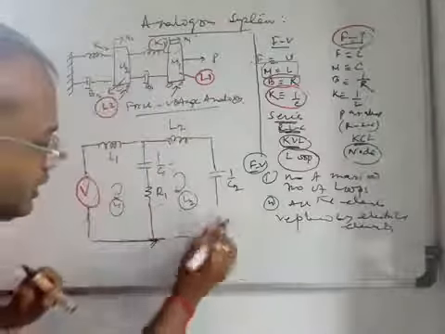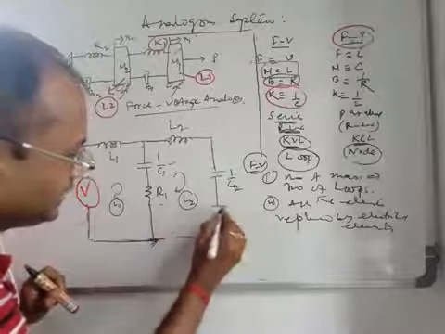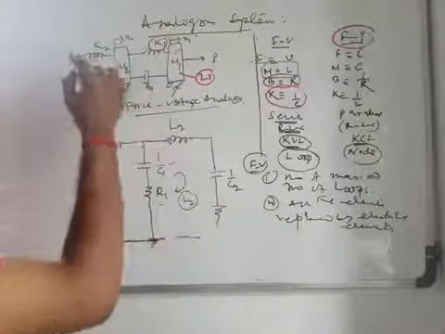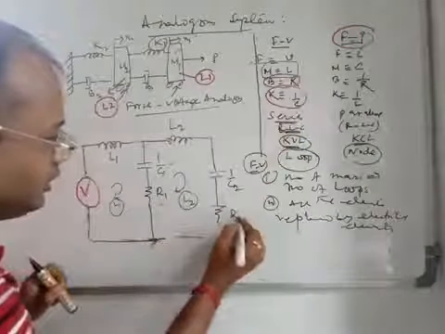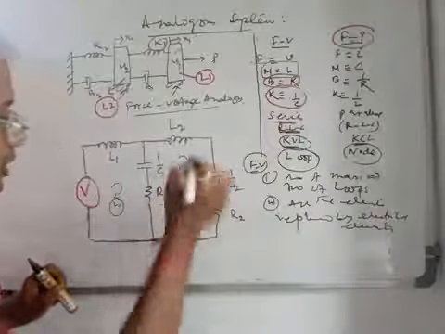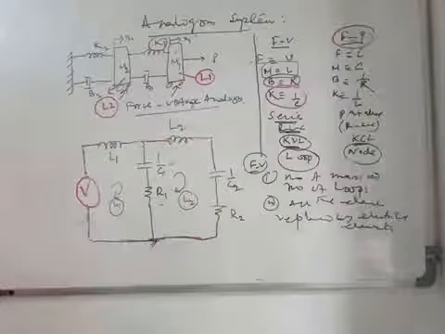Here you can use one resistance because this is your B2, so this is your R2. So this is the structure in terms of force voltage analogy.